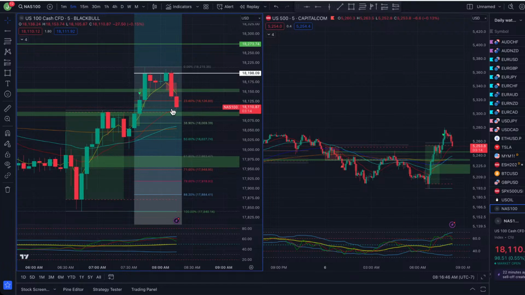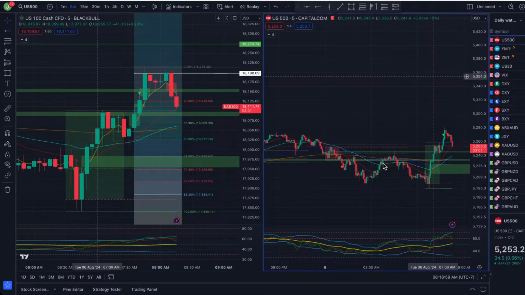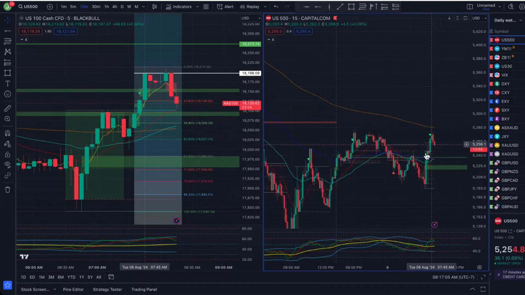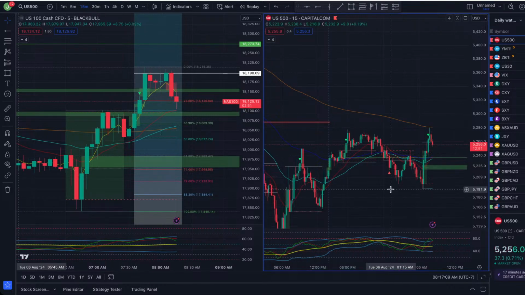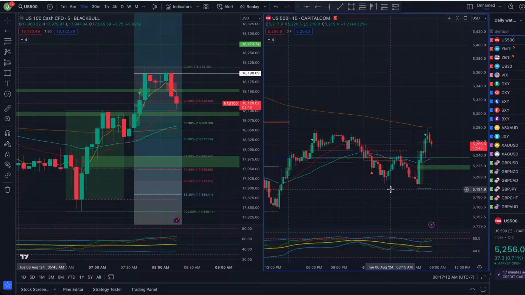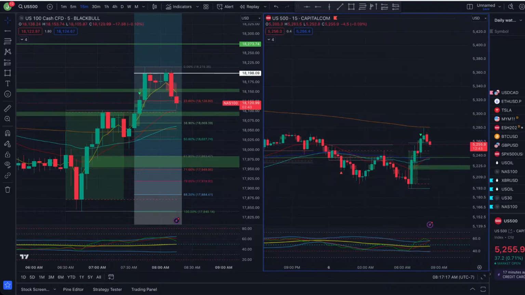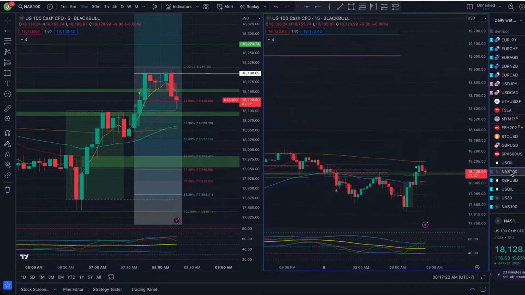We're hitting the top range, we're hitting the 20 EMA, we're hitting this fair value gap. And on a higher time frame, which you can't see right now, here's the 15-minute. We're also hitting a 15-minute fair value gap.